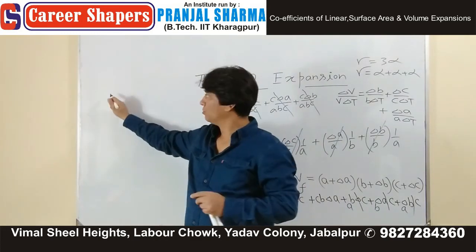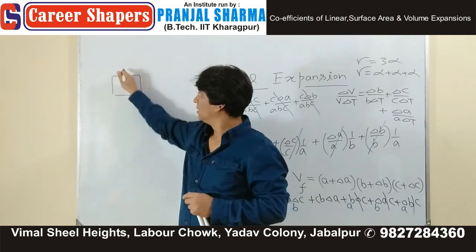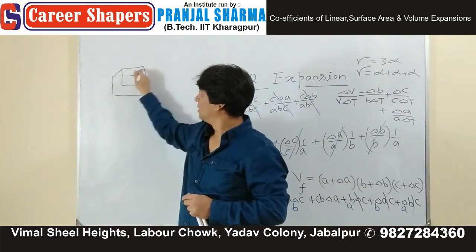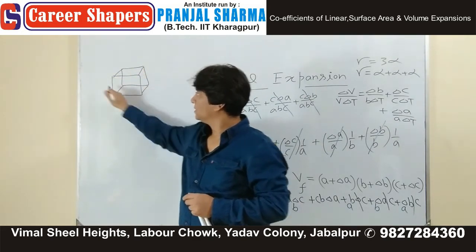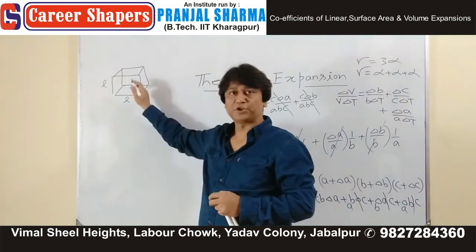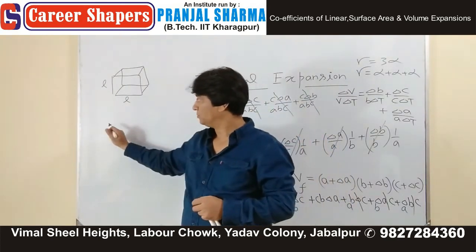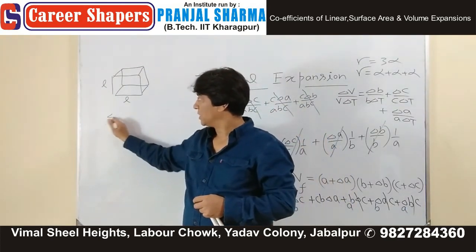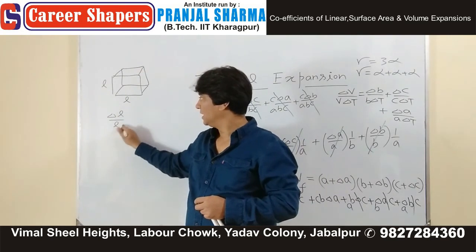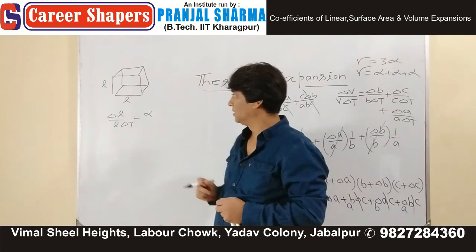If you have a cube, side length is what? L. Temperature is T, and then temperature increases, side length also increases. So what is delta L upon L delta T? This is your alpha.